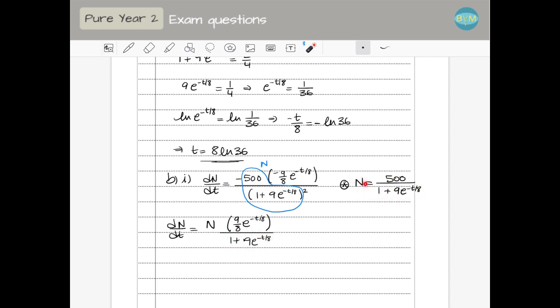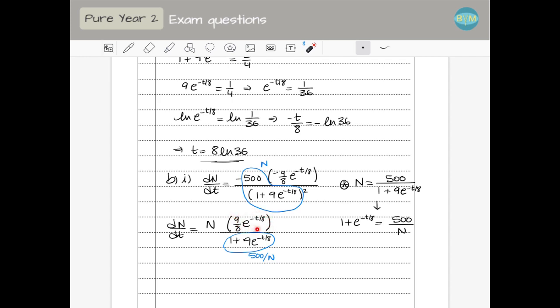And again, using this expression, I can write this denominator, for example, which is this one, as 500 divided by n. So from here I can write that 1 plus 9e to the power of minus t over 8 is 500 divided by n. So I know this denominator can be written as 500 divided by n. And the same I can do with the 9e to the power of minus t over 8.